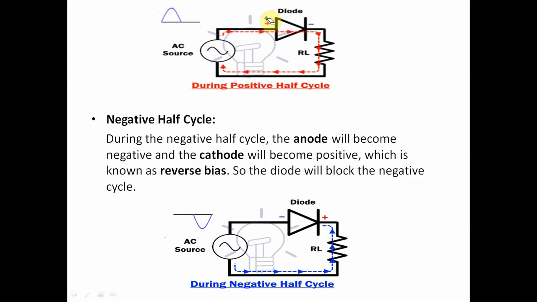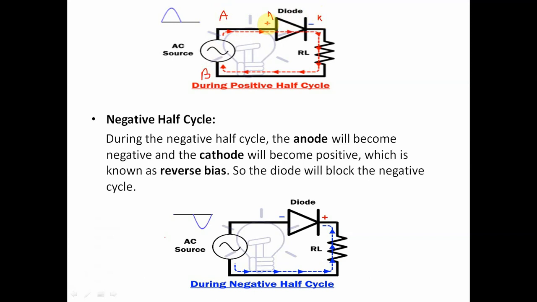During the positive half cycle, A is positive with respect to B. Then the anode terminal is positive and the cathode terminal is negative.